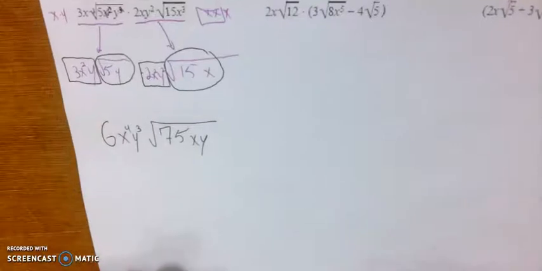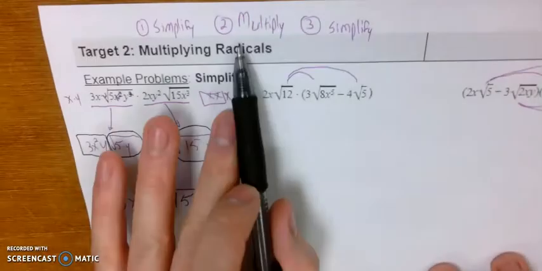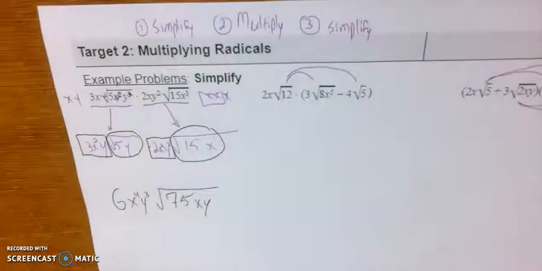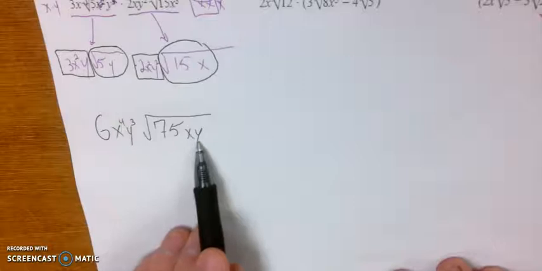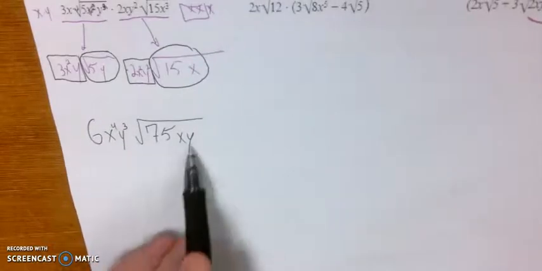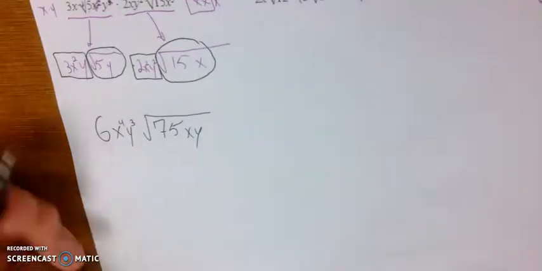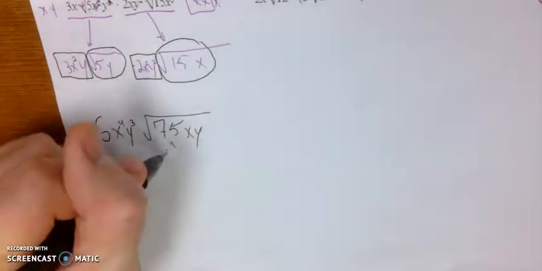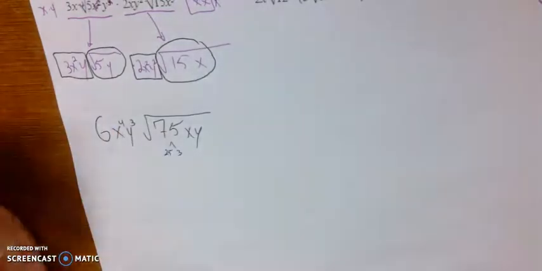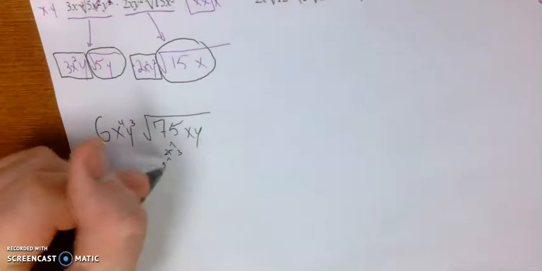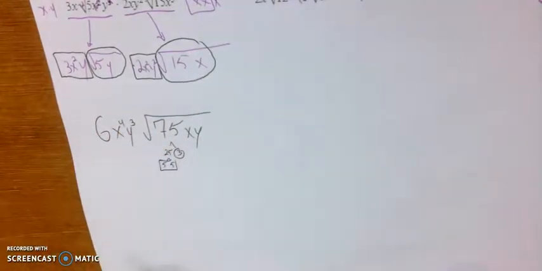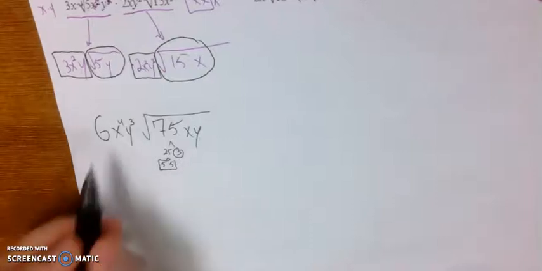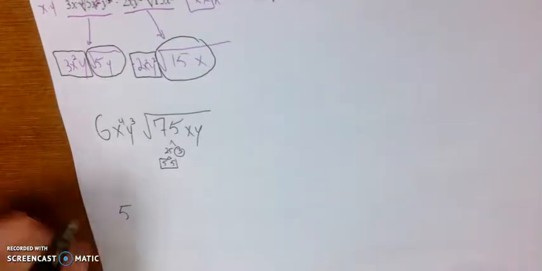All right, so step 2, multiply. That's done. Now I need to see if I can simplify at the very end. Looking at this, I don't have enough pairs of x's or y's to make a pair, so I know that I can't really do anything there. Let me break this apart and see if I can get a pair of prime factors. Oh, yeah, looks like we can break down the 75 a little bit. So a 5 will come on the outside here.